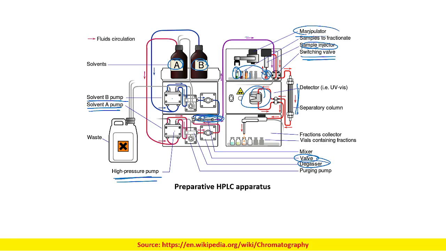However, in all of this you will be having some capillaries. Now the program will choose from which capillary you want to sample out, and accordingly it will direct the sample into this switching device. Okay, so this is the flow diagram of your HPLC apparatus.